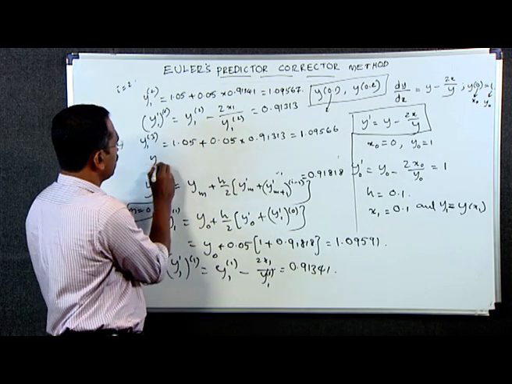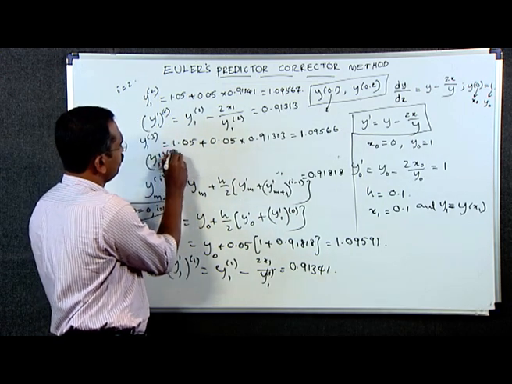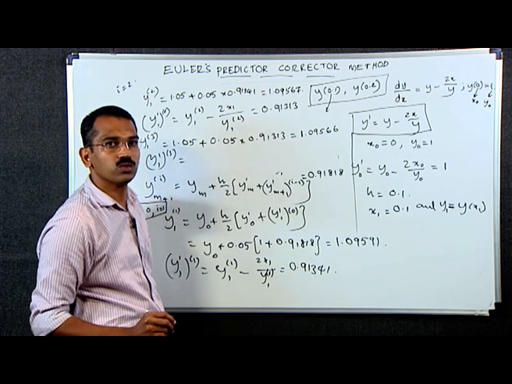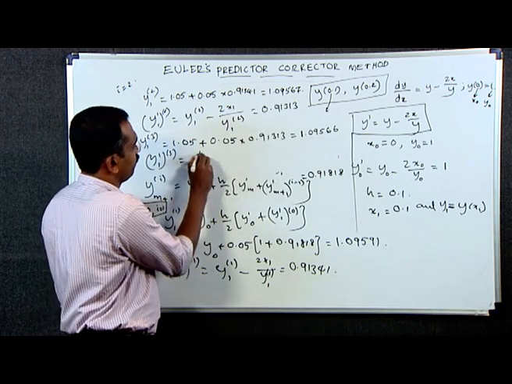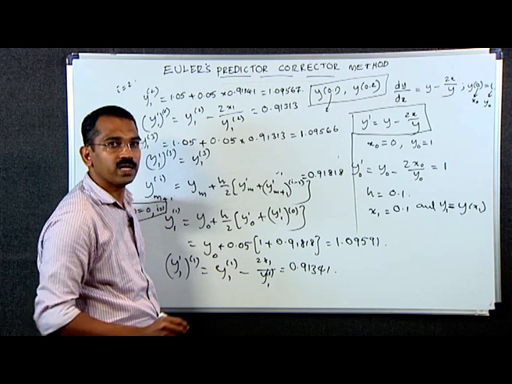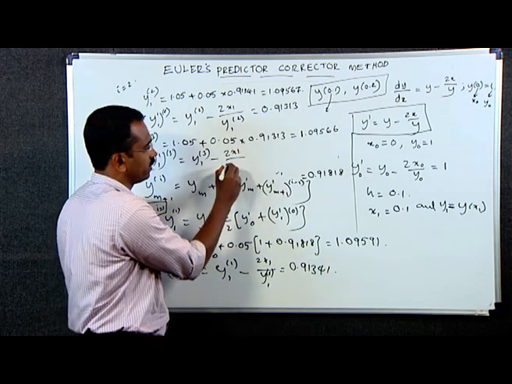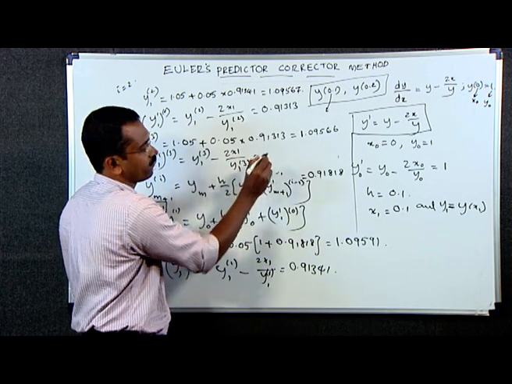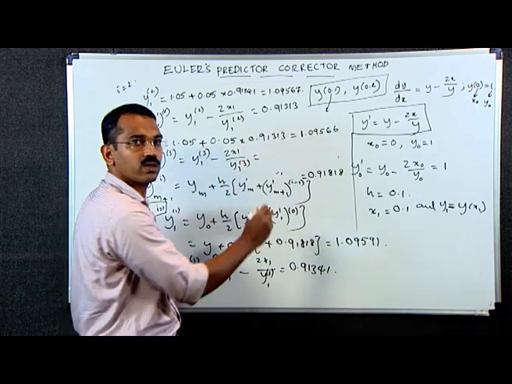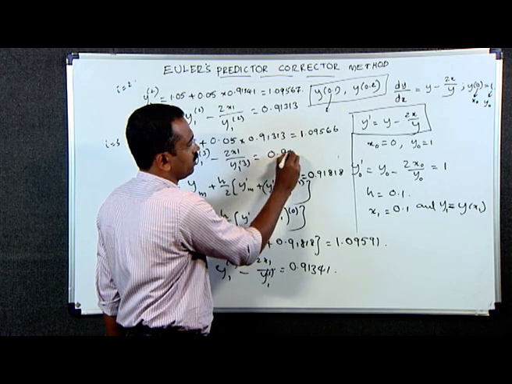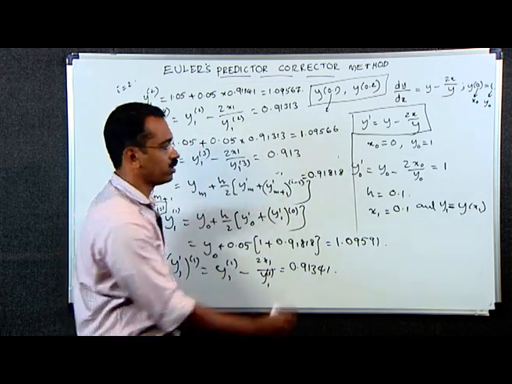And y1 dash 3, which is equal to y1 3 minus 2x1 divided by y1 3, which is equal to 0.91312.